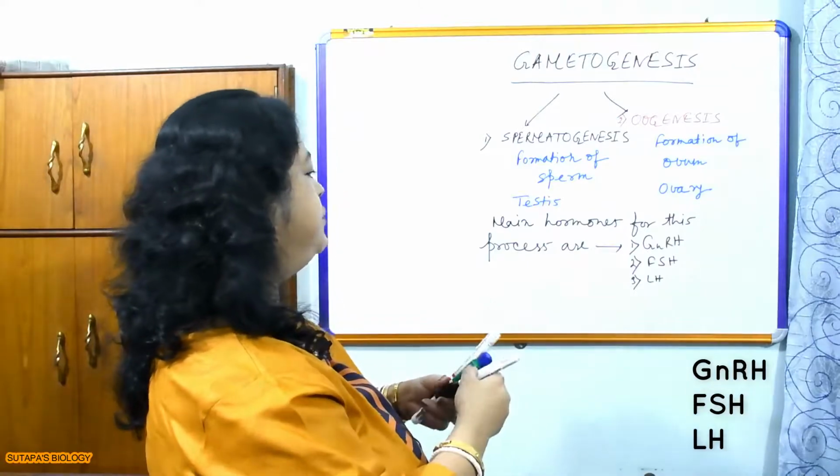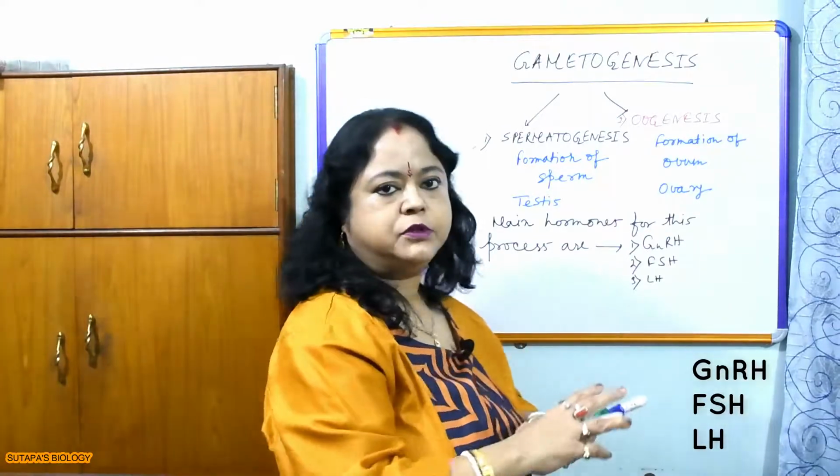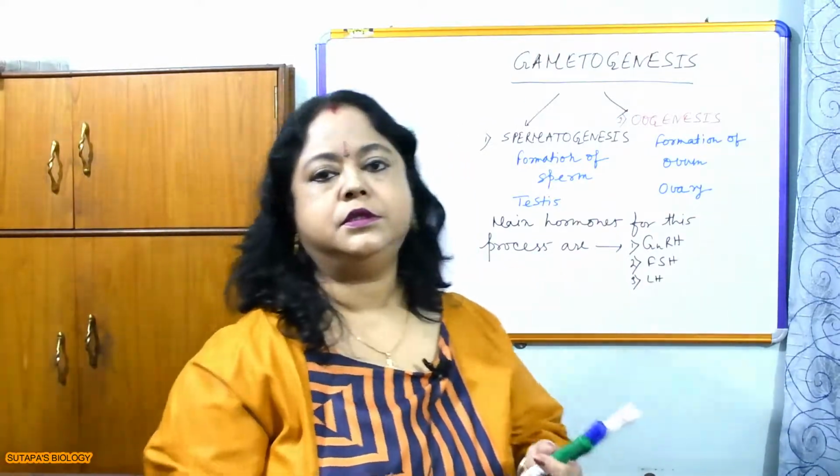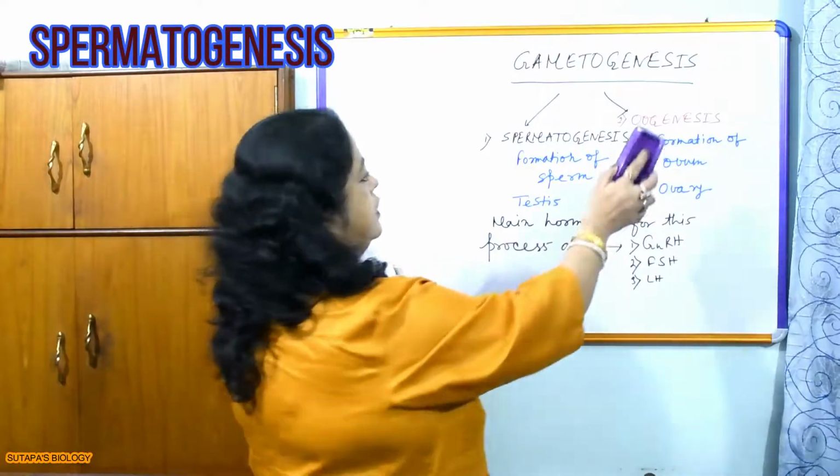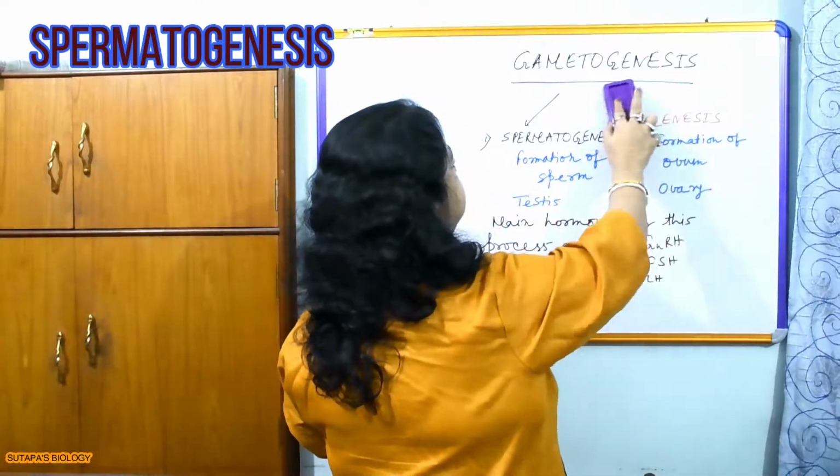Three hormones are required for gametogenesis in both the cases, in spermatogenesis and oogenesis. Now firstly we shall discuss spermatogenesis, and oogenesis in the next video.